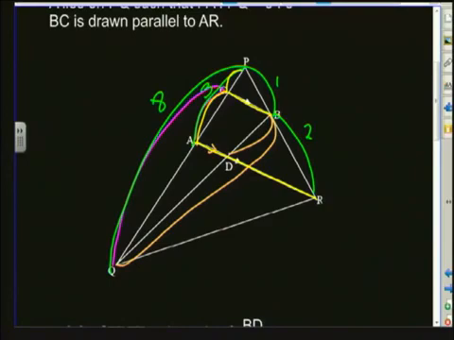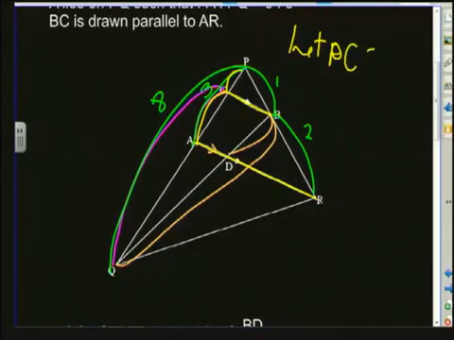But we know that PA is 3. So therefore PC must be, I always find it easier to work with Y's and X's when we're dealing with proportion questions and when we have to use ratios. So I'm going to say let PC equal to Y. Now if PC is Y, that means using my ratio that PC over CA is 1:2, that would then imply that CA is 2Y.